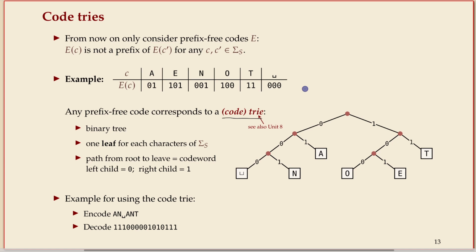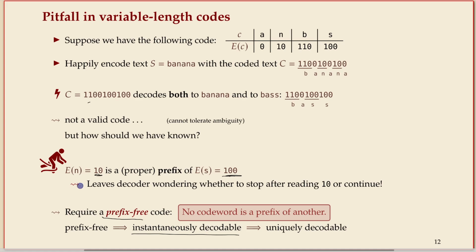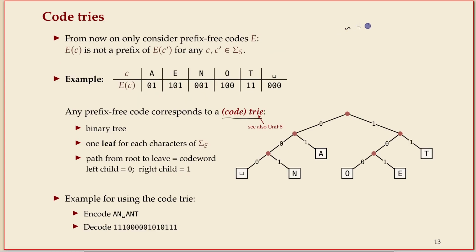Now here's the trick. If you ever had, like in the previous example, this ambiguity where E, N was 1, 0, and S was 1, 0, 0, and you were to insert those into a trie, you would start by going to the right with a 1, then you would go left with a 0, and then here you would want to say this is character N, but then I also want to go right with another 0 and go to S. So you can recognize the situation that one code word is a prefix of another one by running into the trouble in the tree that there's a letter associated with an internal node.